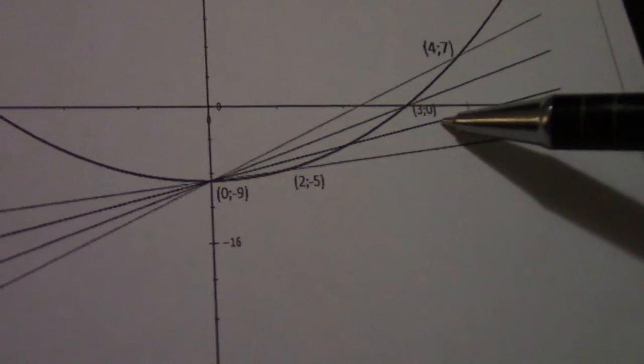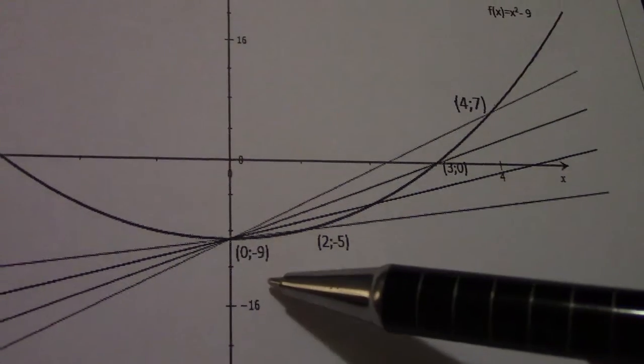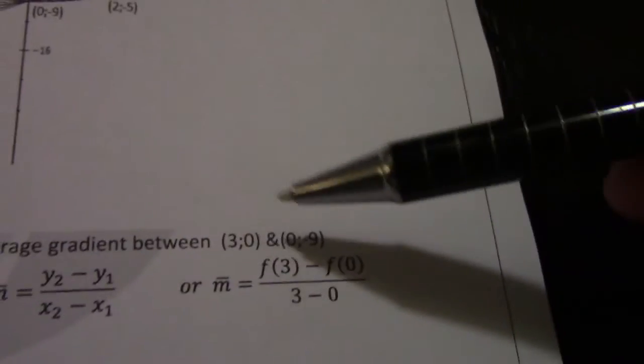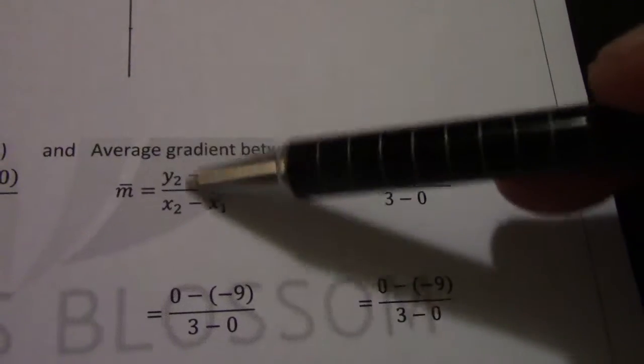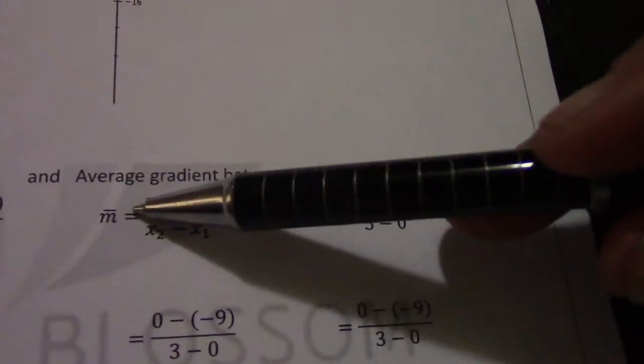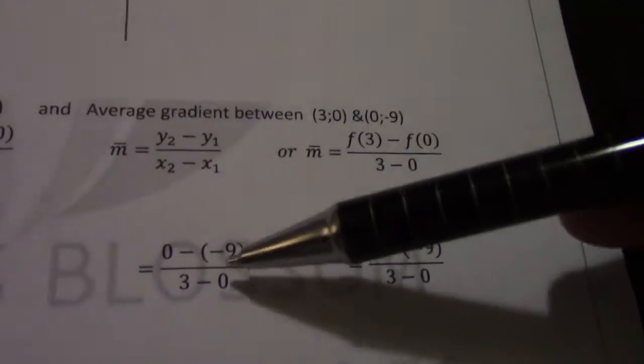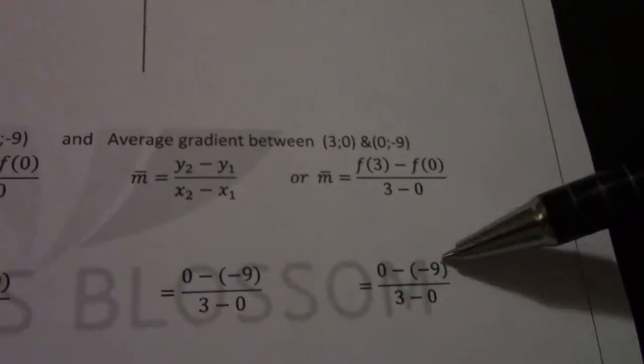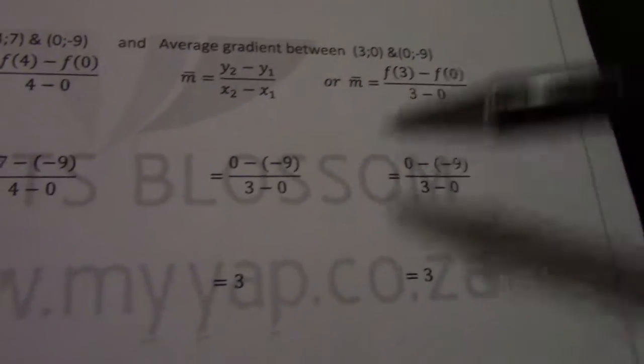If I go to the next point there, 3 and 0 and negative 9, if I calculate average gradient between those 2 points, using the format, substitute the points in. By now you should know how to do that. See there, I get 3.